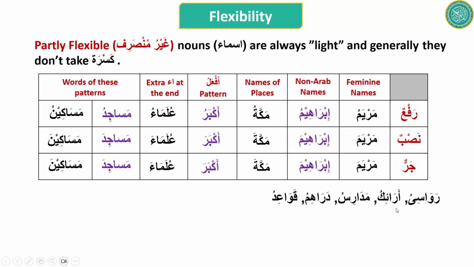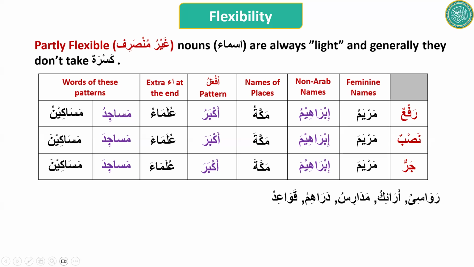And they will always be light and they will not take kasra when they are in jar status. They will have jar status, but they will show it with a fatha generally. So they do not follow the table we talked about at the beginning.